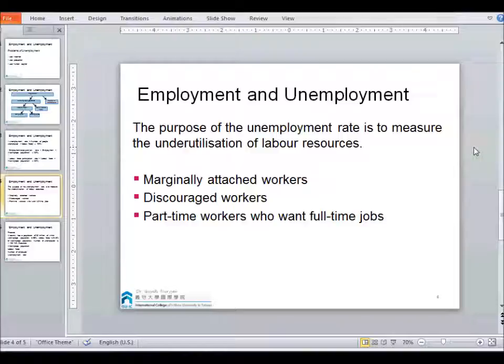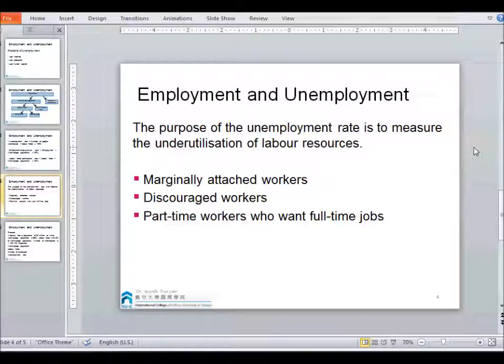There is a little bit of a problem there, because if we want our unemployment measurements to show the amount of labor that is not contributing to production of goods and services in our country, then the official measure for unemployment, which only includes those who have made specific efforts to find a job relatively recently, would understate the amount of unutilized labor, the amount of labor that is unused in the creation of gross domestic product.